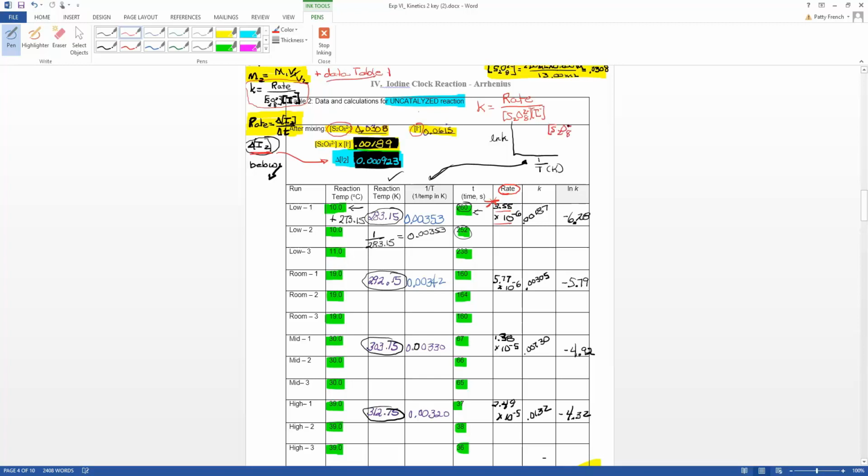[S2O8]2- equals, let's see, we took 2 milliliters of it. I'm looking at the top part, not at making the test tubes, times 0.200 molar, ran out of room there.